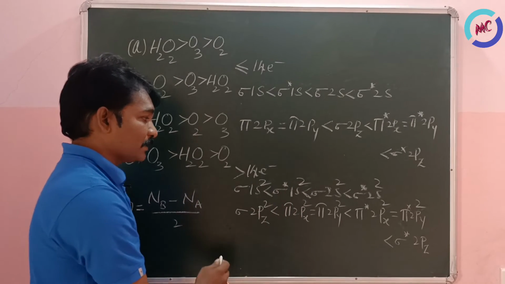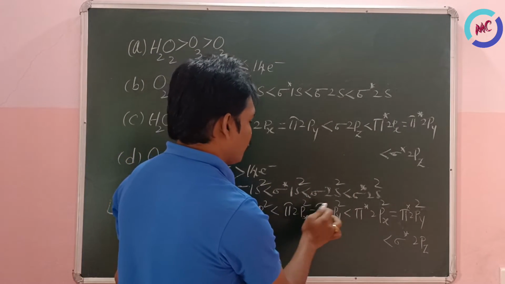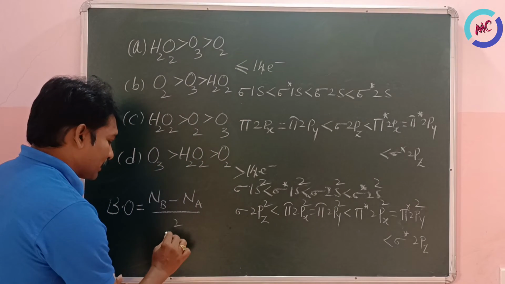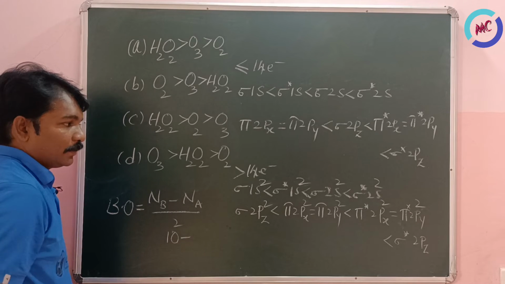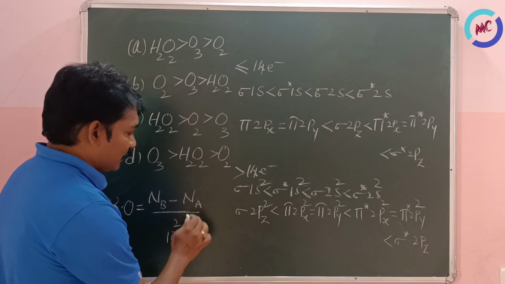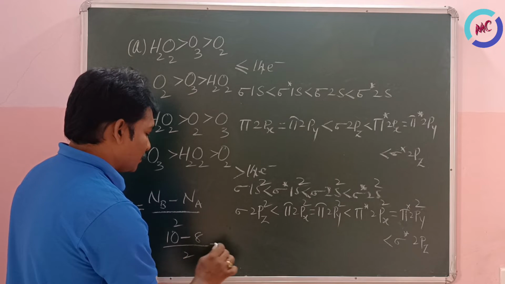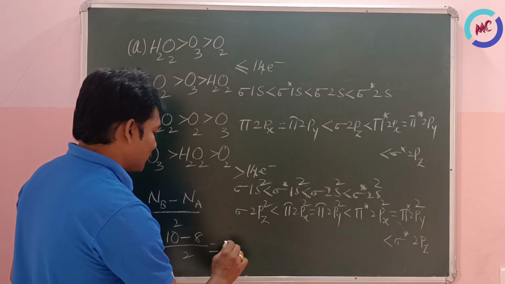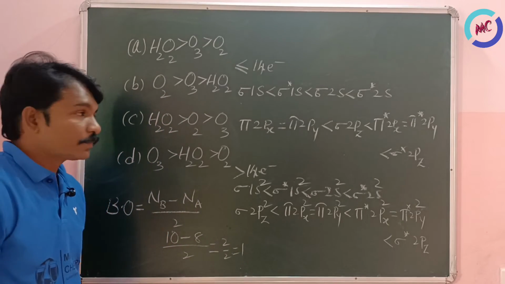Out of these 18 electrons, how many are bonding electrons? 1, 2, 3, 4, 5. 5 twos are 10 bonding electrons, and the remaining 8 electrons are non-bonding electrons. 10 minus 8 is 2, 2 by 2, that is equal to 1.